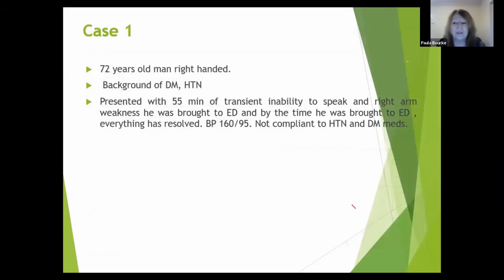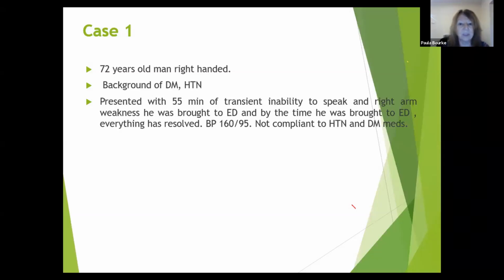So what I want you to look at now is a case study. We're going to use that tool to risk stratify this patient. Okay, so he's a 72-year-old right-handed man, background of diabetes and hypertension, presented with 55 minutes of transient inability to speak and right arm weakness.